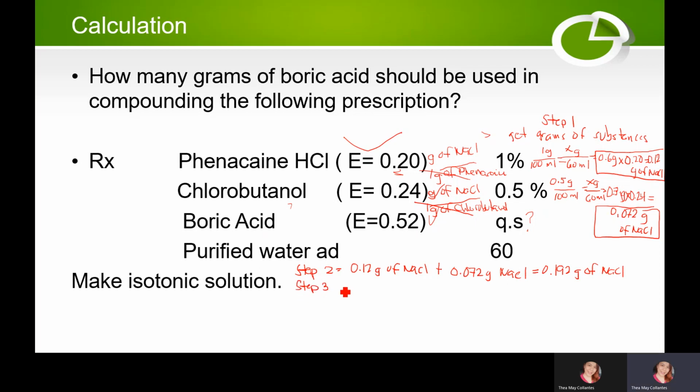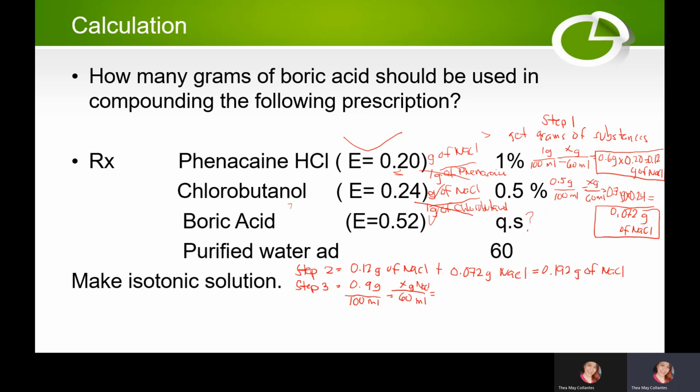For your step 3, I think we did this on the other side. In step 3, we just have to derive the whole sodium chloride that we will need for your 60 ml. So again, our standard is 0.9% NaCl over 100 ml. And I only want to make 60 ml, guys. So how much NaCl do I need overall for 60 ml?